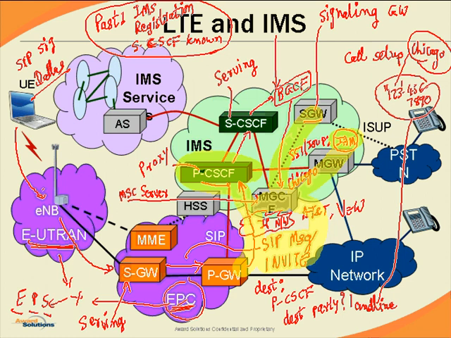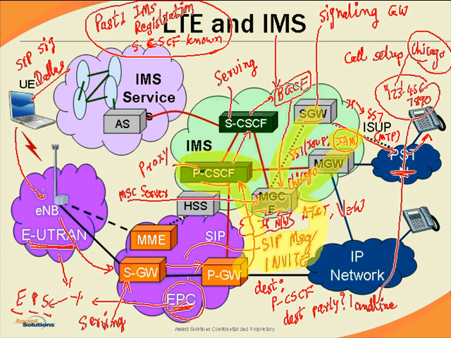This is the signaling gateway, which specifically will convert the IP into the lower layers of the SS7 protocol stack, the message transfer part. So now this is the one PSTN can understand. Finally the message has gone into the PSTN network, the landline phone, and then we set up the call. That is how the SIP signaling message is traveling through the network.